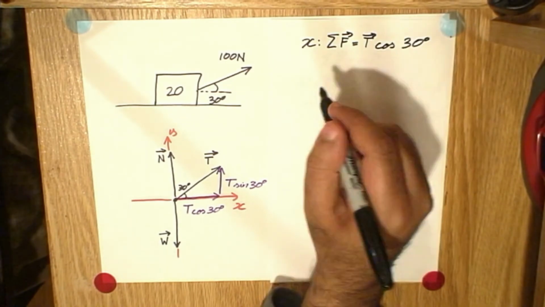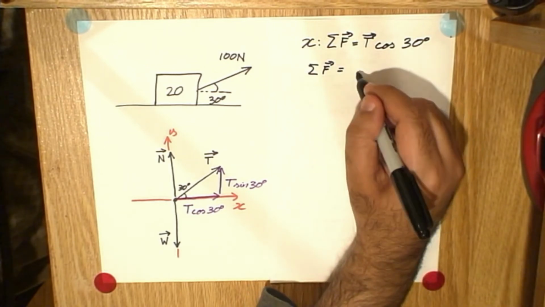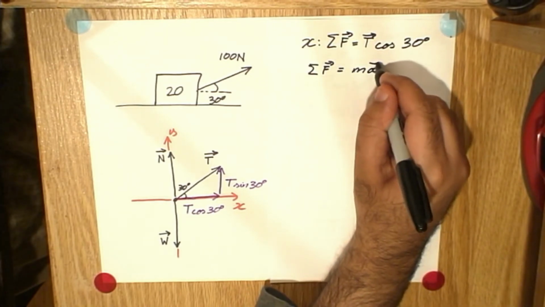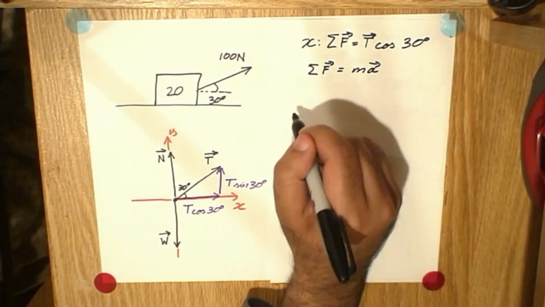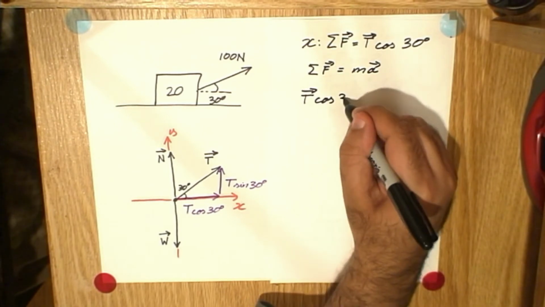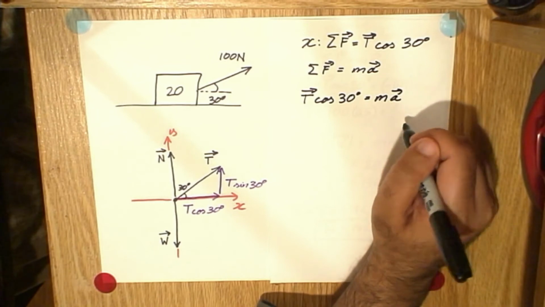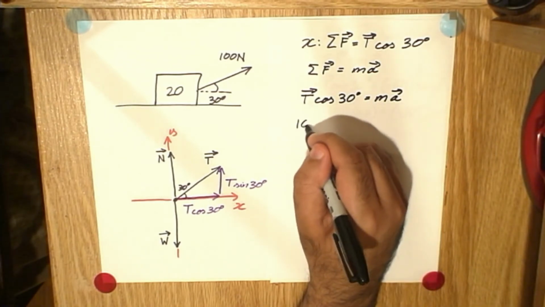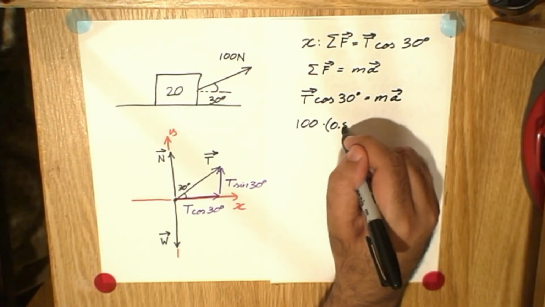That's it. Now, the total force is equal to mass times acceleration, according to Newton's second law. So let's combine these two. Tension cos 30 degrees is going to give you mass times acceleration. Tension, 100. The cosine of 30 degrees happens to be 0.866.